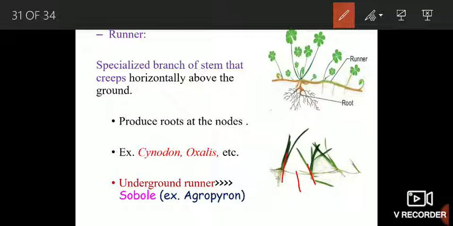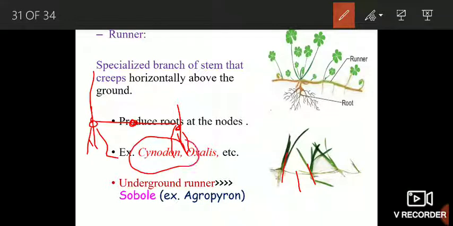This is the runner. It is one node, one node. At this node it gives rise to a new plant, at this node it gives rise to a new plant. It may contain an intervening node, or there may be no nodes present in this runner.